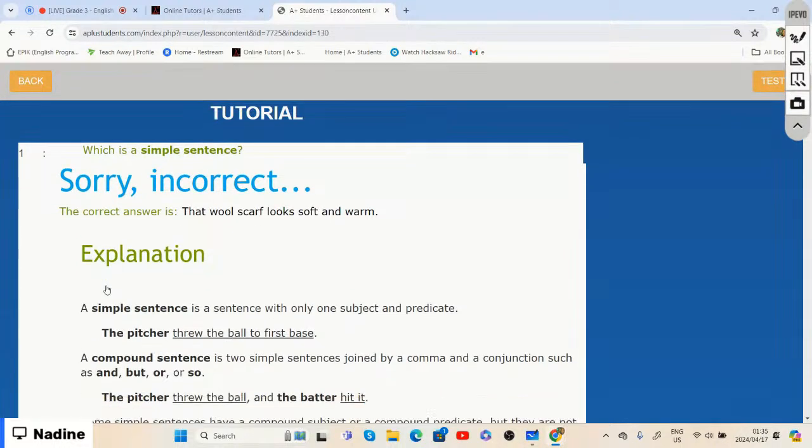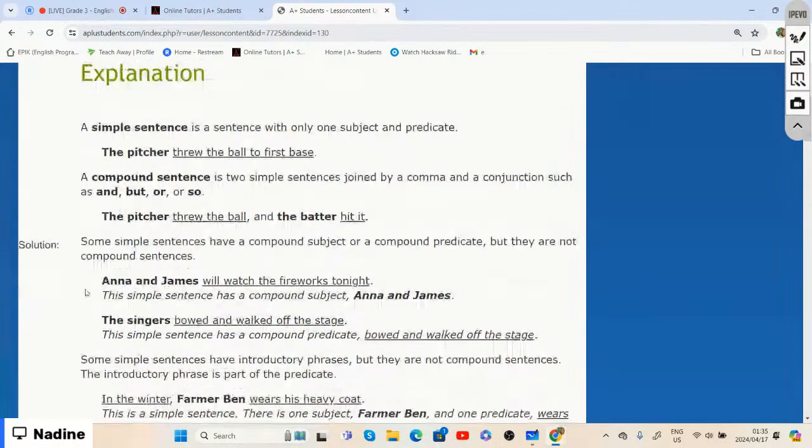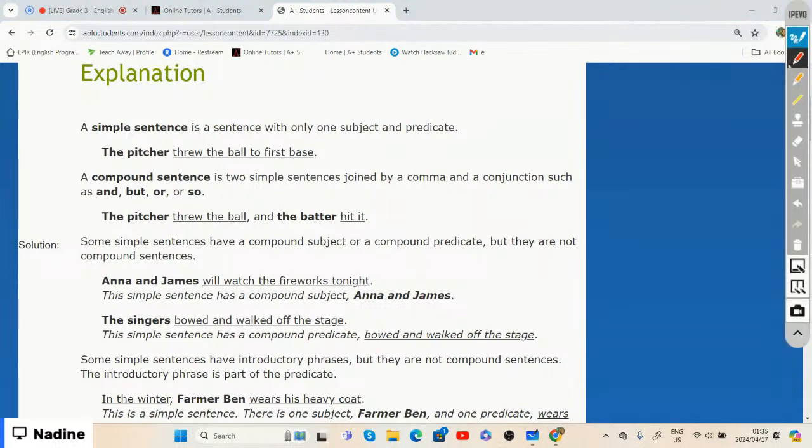So a simple sentence is a sentence with only one subject and a predicate, right?